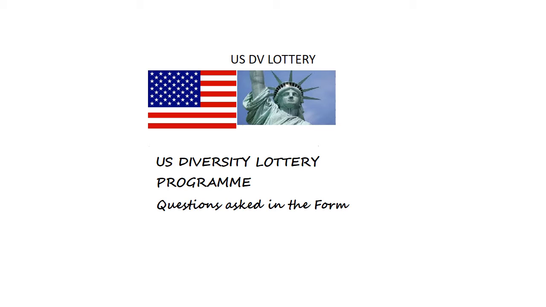City where you were born. Country where you were born. Country of eligibility for the DV program, as explained in my previous videos. From last year or so, as I told you earlier, the international valid passport information will have to be provided. That means the number of passport, country of issuance and expiration date.